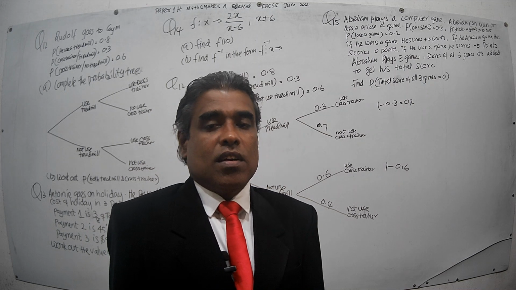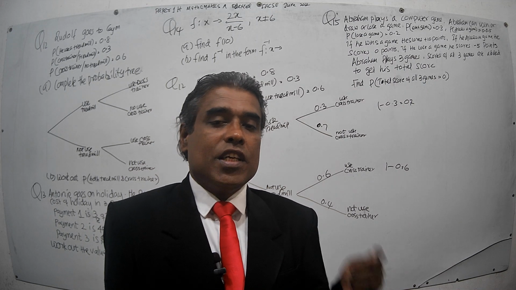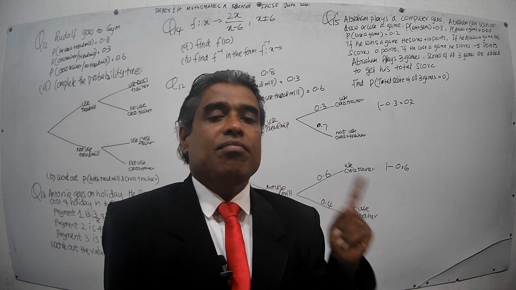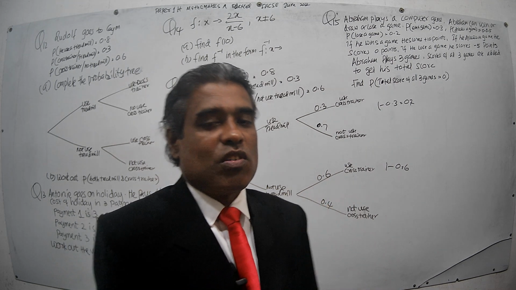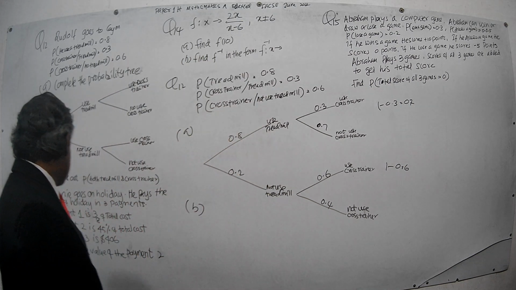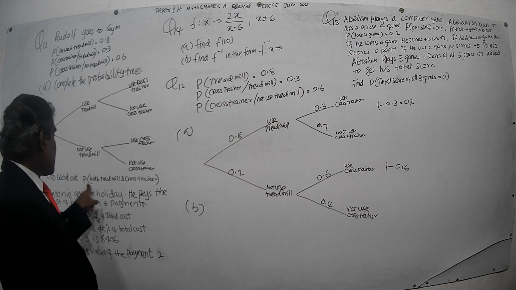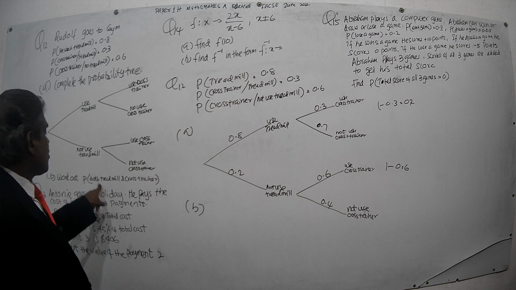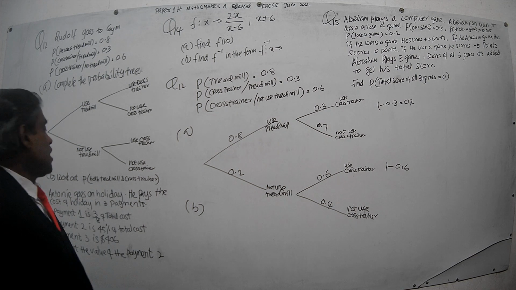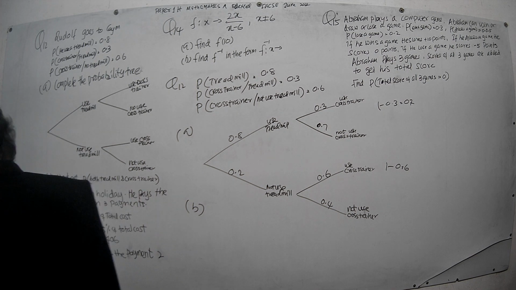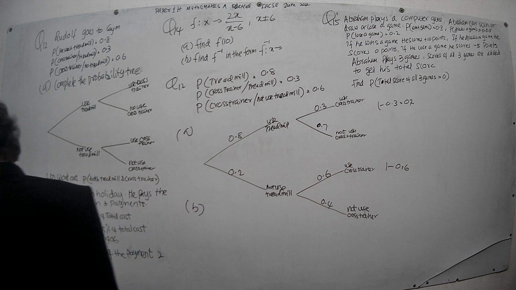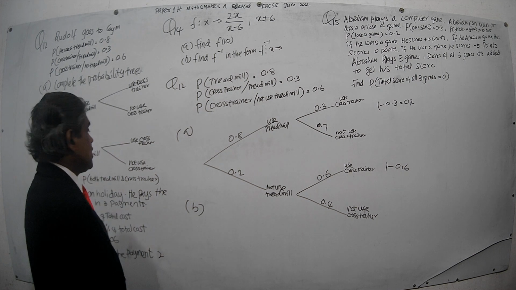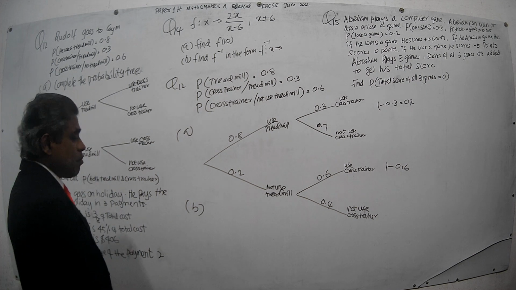That means the probability that he uses the cross trainer if he uses the treadmill also. Complete the probability tree, then work out the probability that Rudolph used both the treadmill and the cross trainer, right? That is this one.